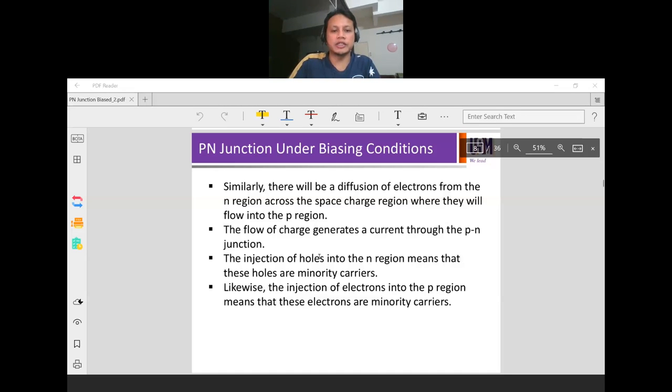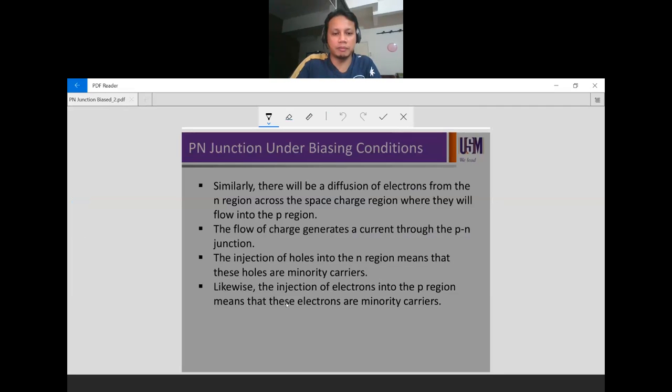There will be injection of holes into the N region, which means that these holes will be minority carriers. We discussed this two days ago, I think. If you still remember the curve shape like this, x is the distance through the PN junction, and this one is the carrier density.